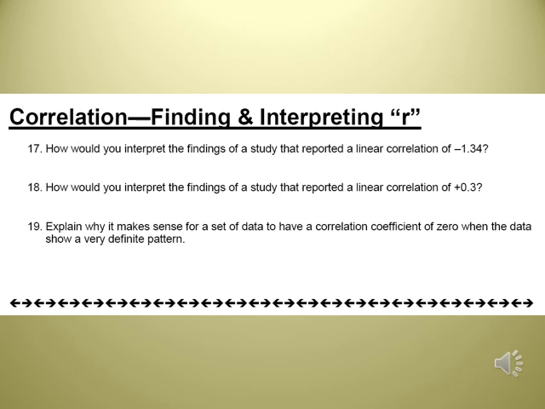Either of those would be a good example of something where it would be 0, but you do have a definite pattern. There is actually another way that you could get that, and that's if you had either a horizontal or vertical line. Either of those would also end up having a correlation coefficient of 0.